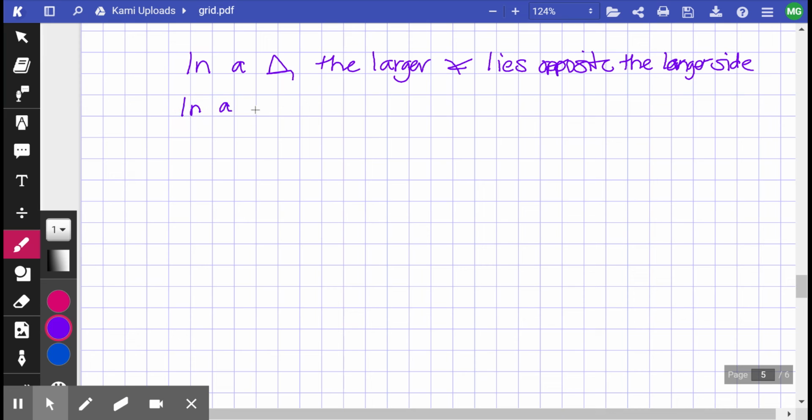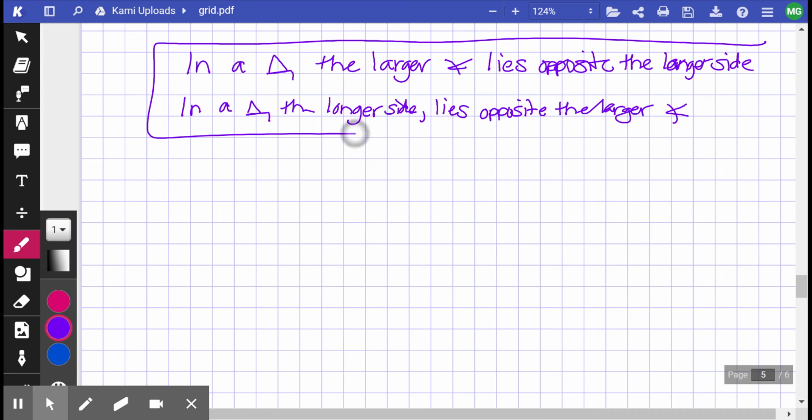Also, in a triangle, if you know the longest side, then you know which angle is the longest. The longer side lies opposite the larger angle.